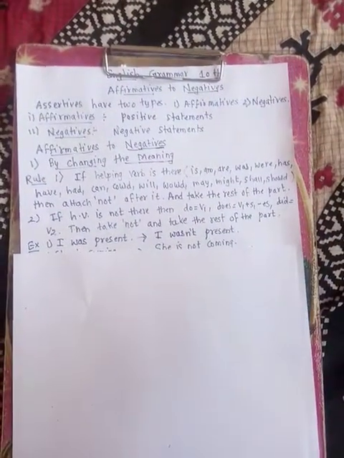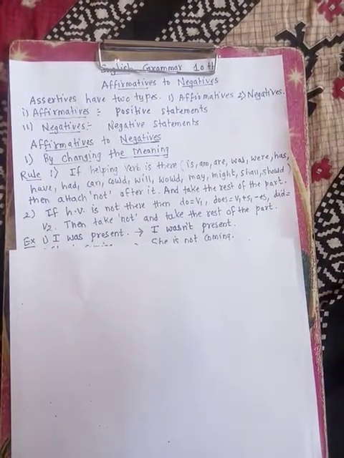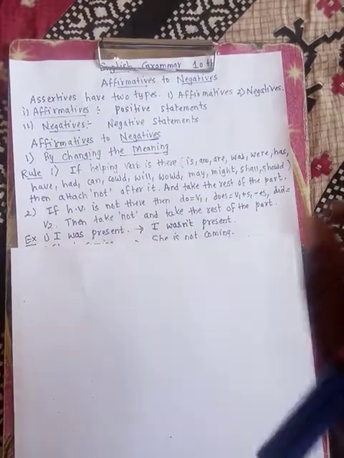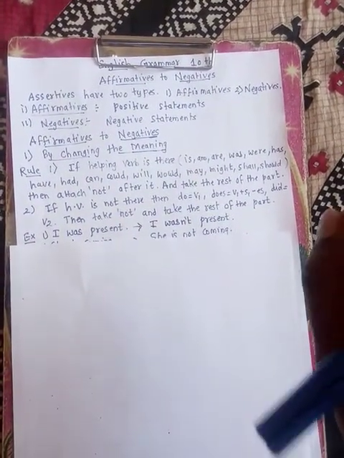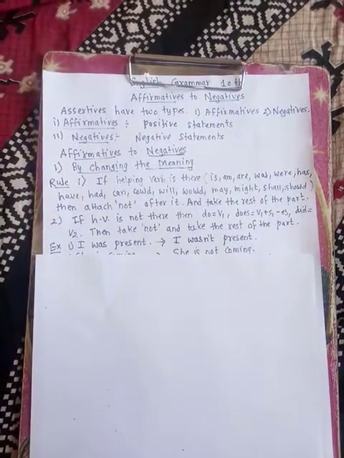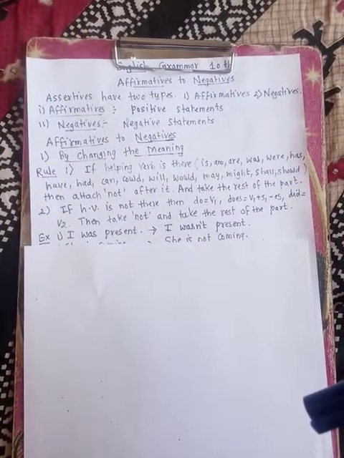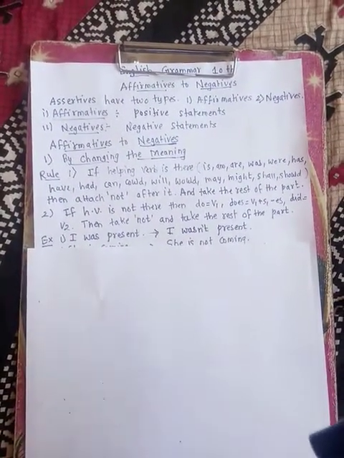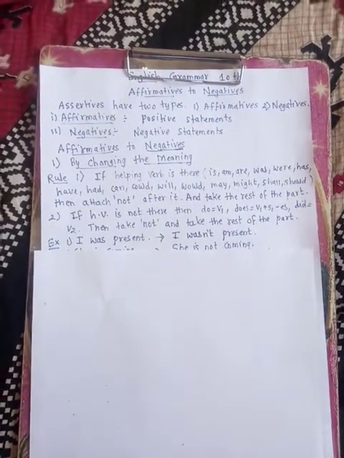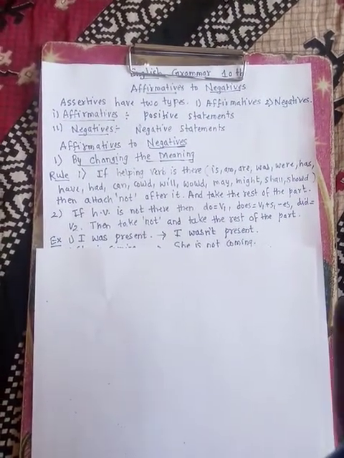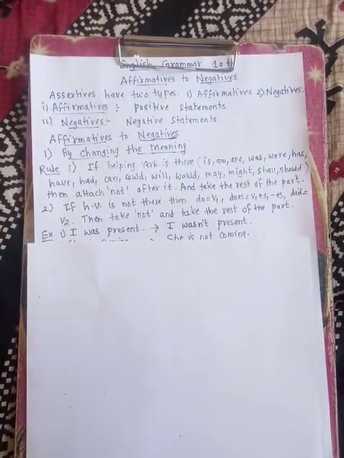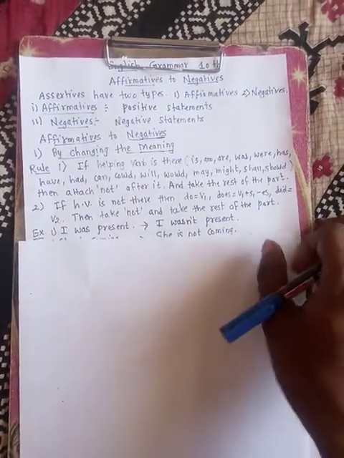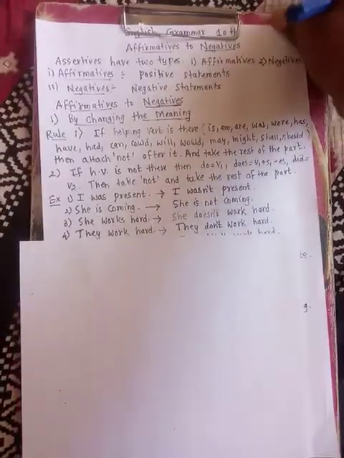And if there is no helping verb in the sentence, then our basic rule is we have to use do for V1 form of the verb, does for V1 plus S or ES form of the verb, and did for V2 form of the verb. But the only precaution we have to take here is, once we use do, does, did, we have to use the main verb in which form? V1 form.